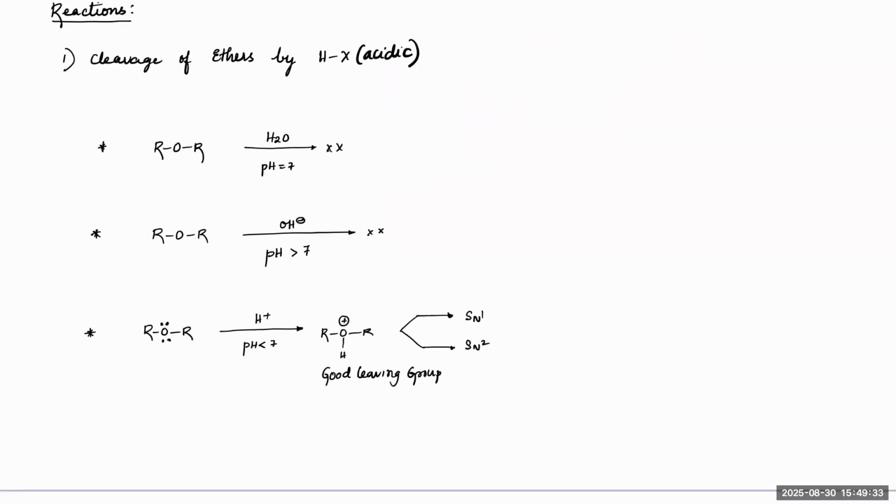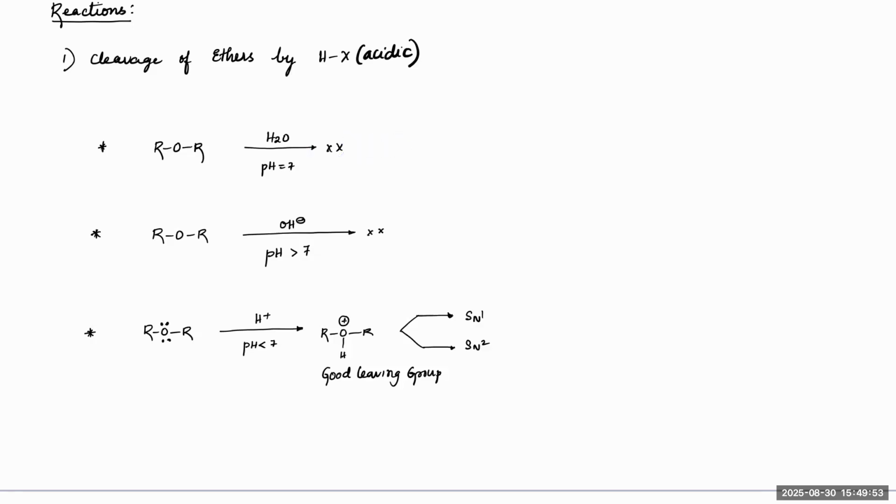Typically, there are two reactions that are observed in ethers. One is acidic hydrolysis. The other one is reaction with acids directly. For example, if I take ROR in water, which is maintaining a pH of 7, you will not see any kind of reaction here.